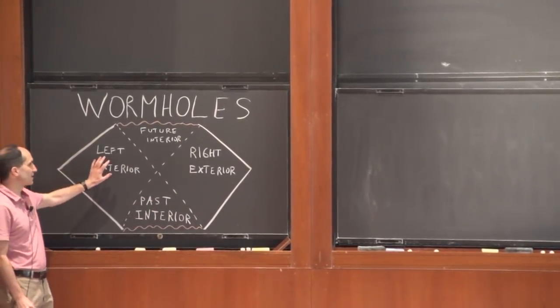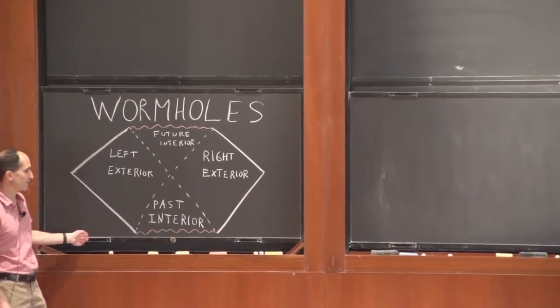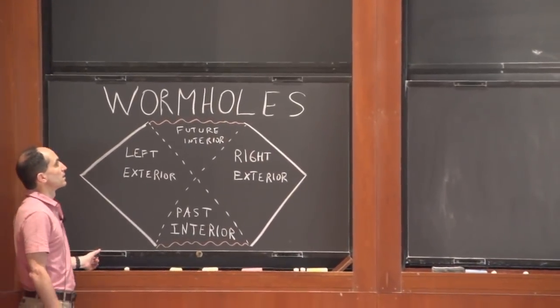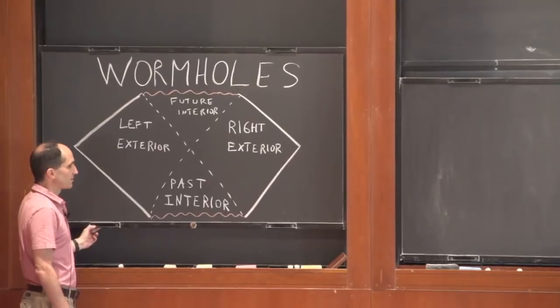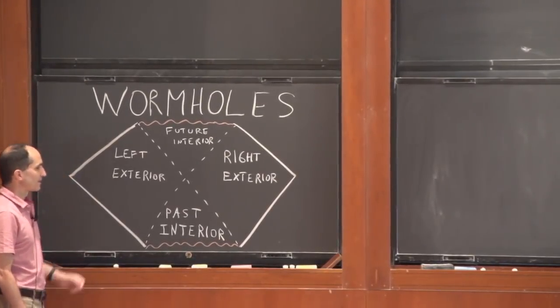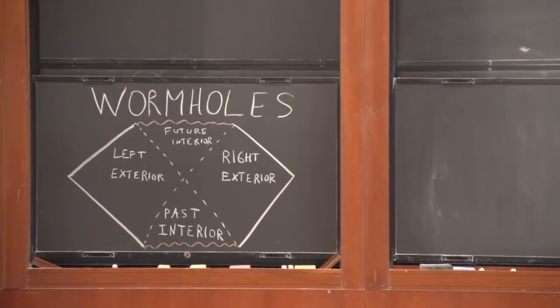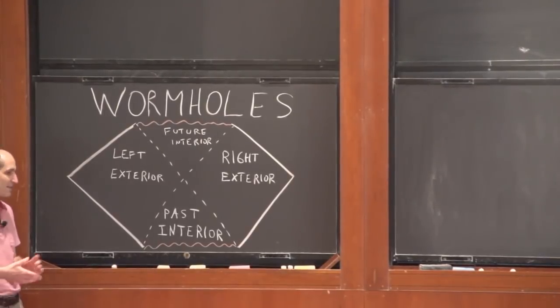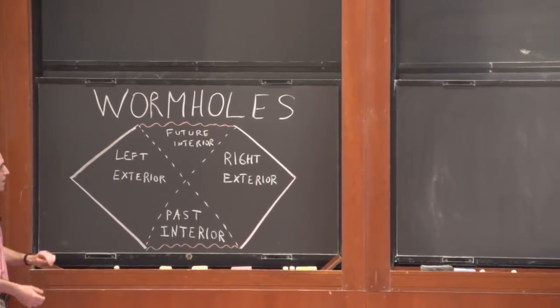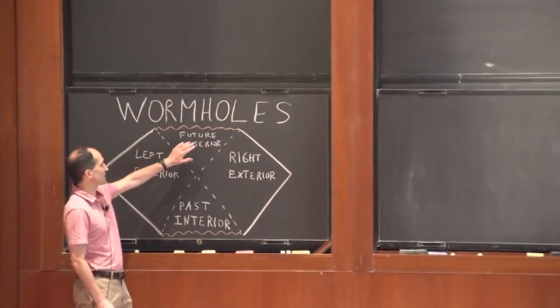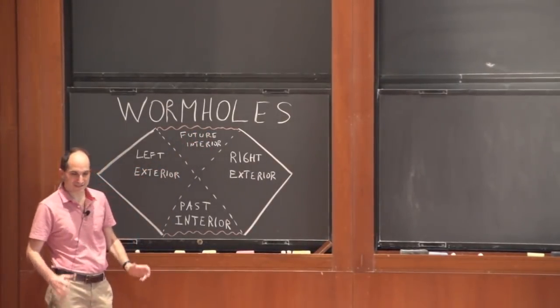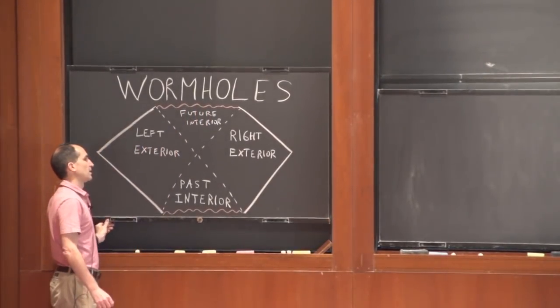But this should be a second exterior. So that's the basic solution. It's, as I said, very old, and we'd like to understand it better. There are many features of this solution we don't understand. We don't understand what the singularity is, and so on.